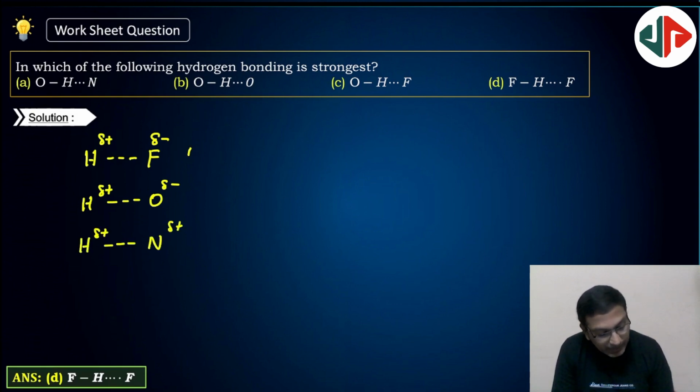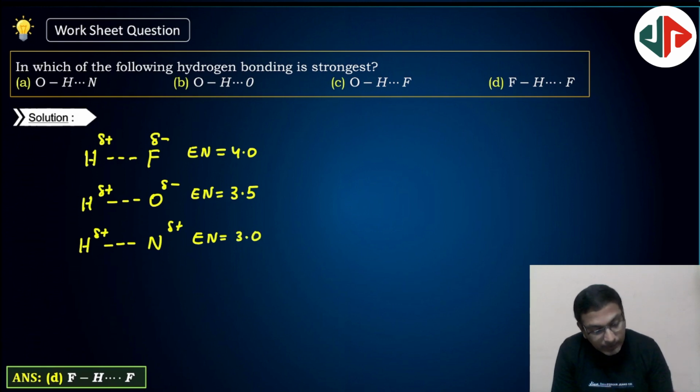So electronegativity value 4, electronegativity 3.5 and here electronegativity 3. Here in this direction electronegativity increases. Therefore hydrogen bonding strength also increases.